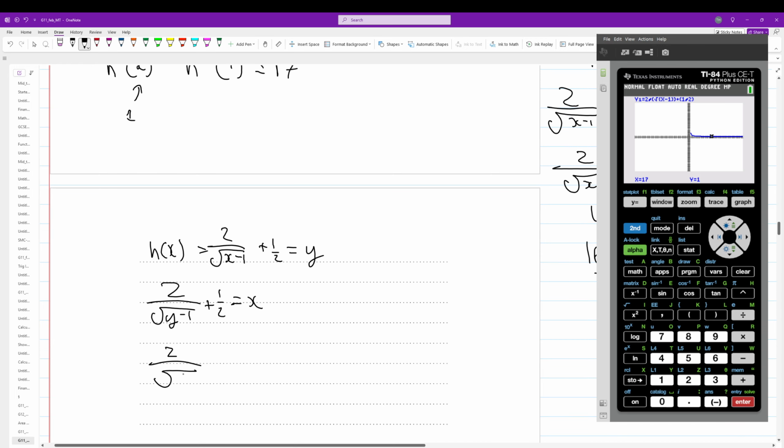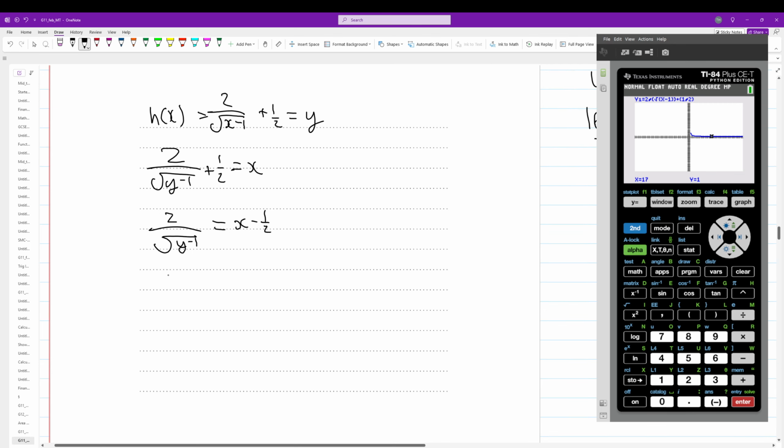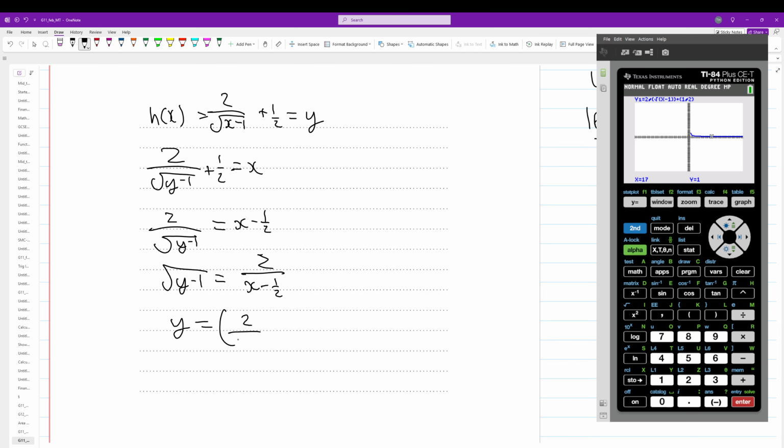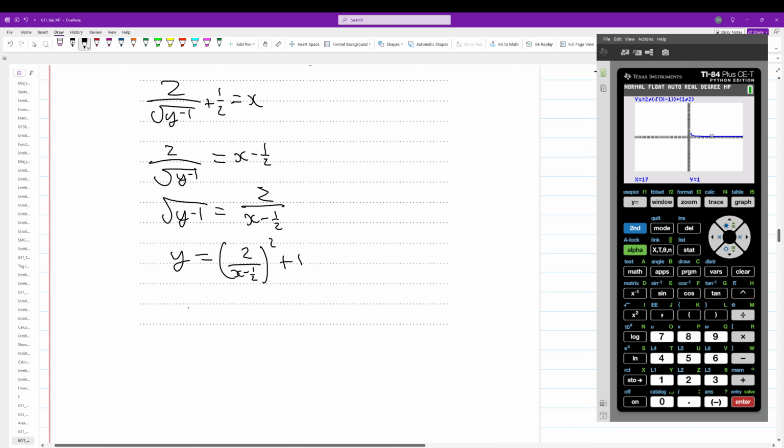And this will rapidly become very nasty. So that's going to be root of y minus 1 is equal to x minus a half over 2. No, it won't. That'll be 2 over x minus a half. That means that y is equal to 2 over x minus a half, all squared, add 1. Done, kind of. So this is then the inverse function of x.